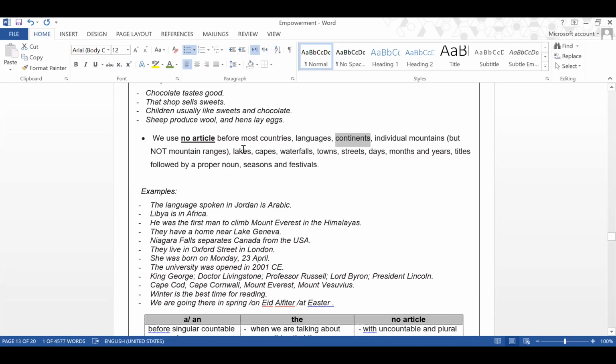Before the names of lakes, caves, waterfalls, towns, streets, days, months, years, I don't use any article. Like today is Sunday. I don't say today is the Saturday. Or we are in August, not in the August. The name of a month, I don't use any article.